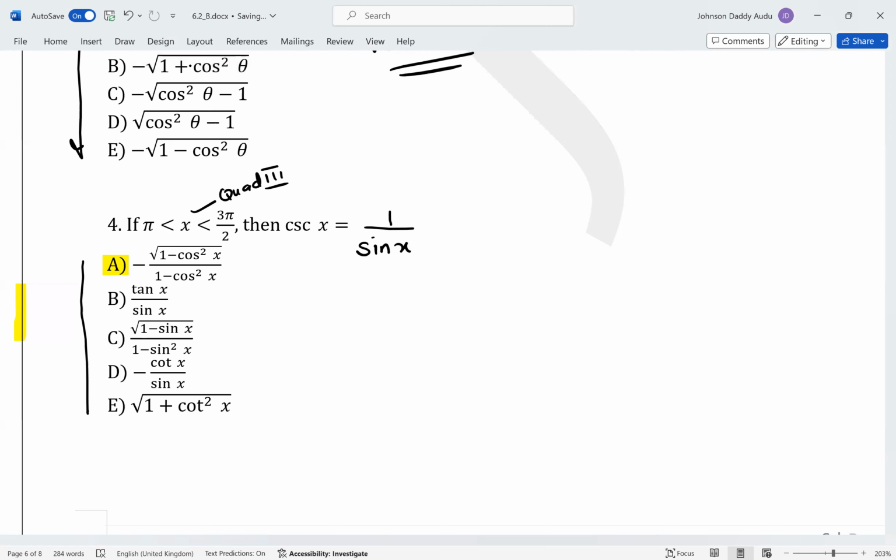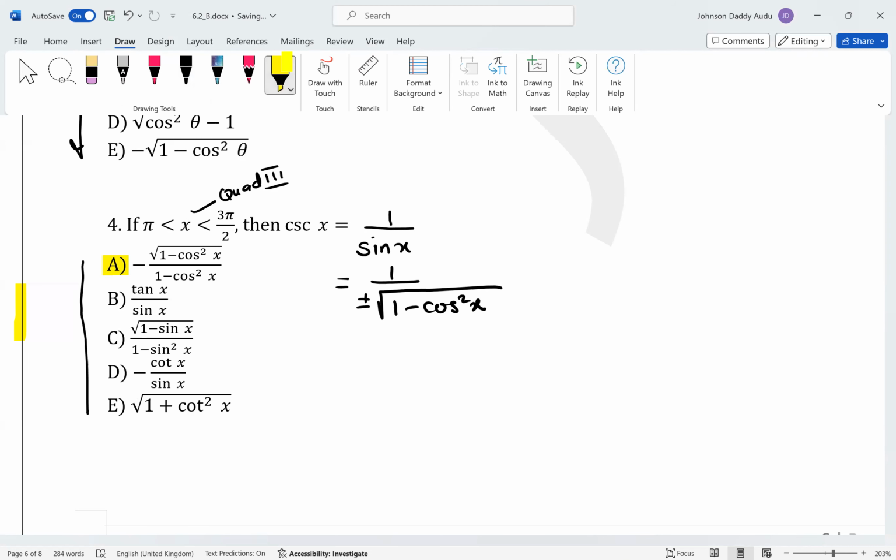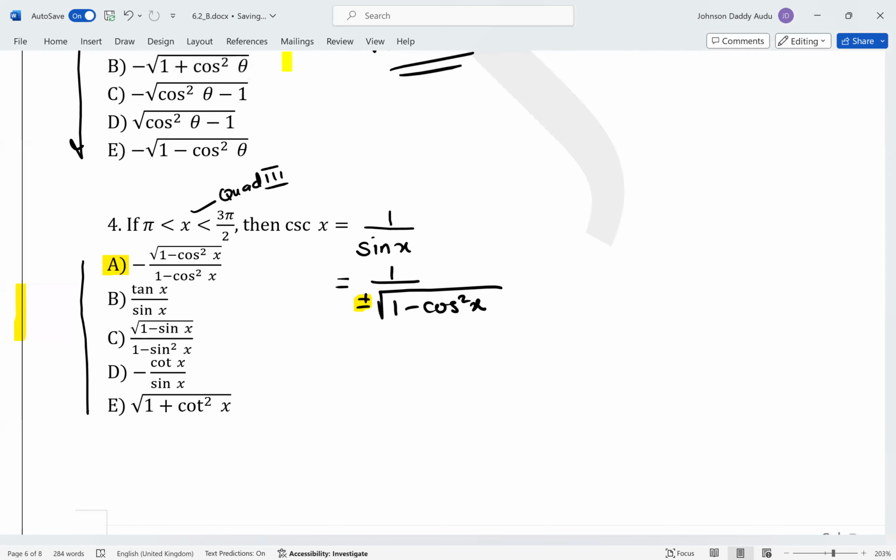And using the same thing we did, this we can write as what? Plus minus square root of 1 minus cosine squared x, right? So here also, you can see that we have plus or minus, right? But now, because we are in which quadrant?